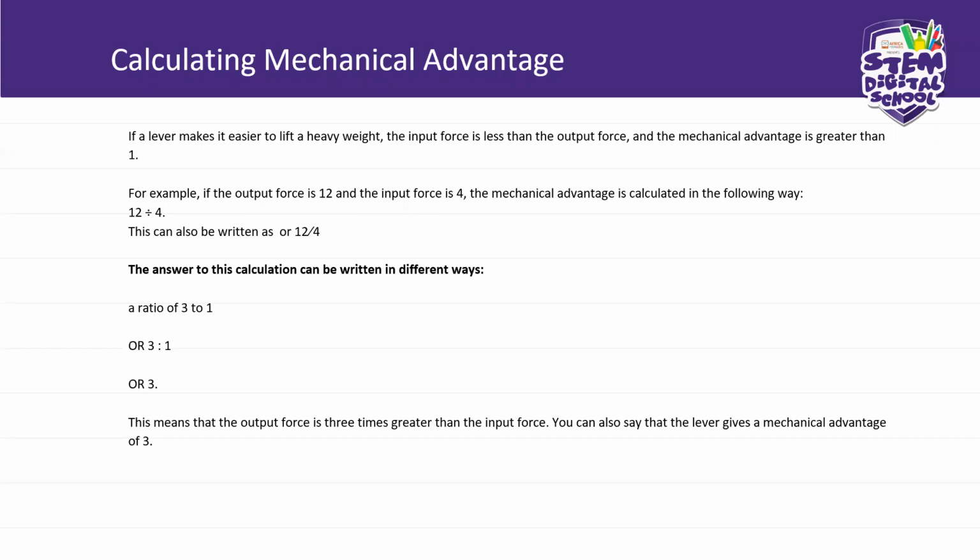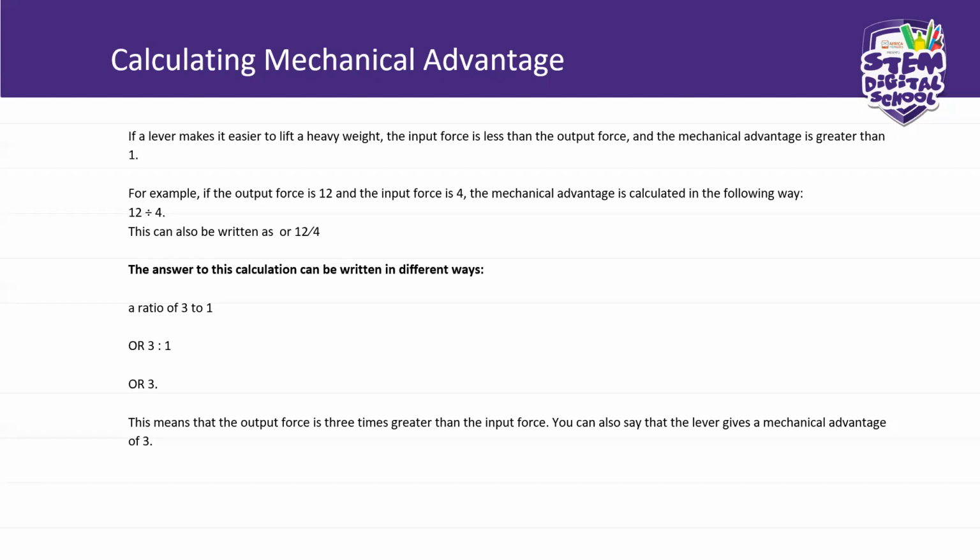We said initially, if a machine has a mechanical advantage, it will be greater than 1, but that is not enough. We must look at the values and do calculations. So this is how you calculate. In every system, you look for the load and you divide it by the effort.